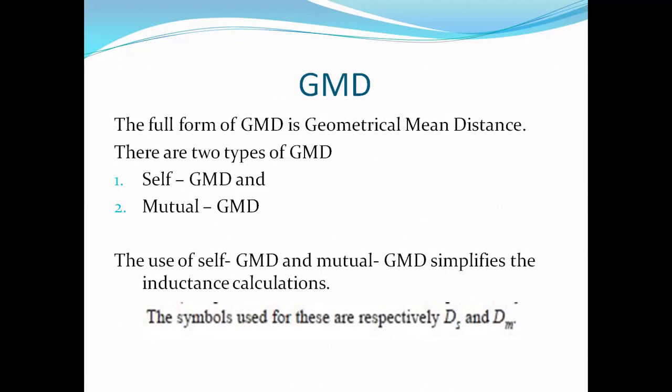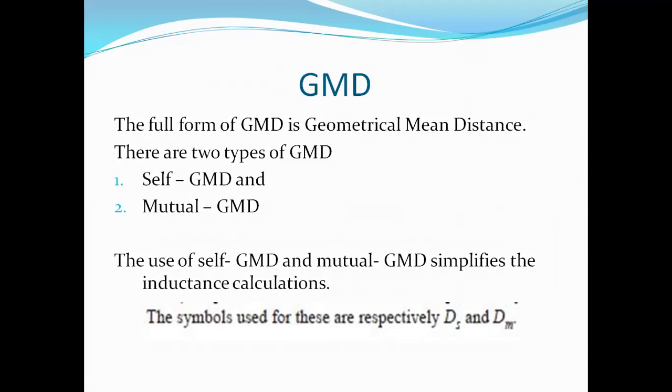Look how it simplifies. In the last 3 lectures, we went through how to find the inductance of a single phase 2-wire line, and how to find the inductance of a 3-phase overhead line, both for symmetrical and unsymmetrical spacing. So we know a method to find the inductance of an overhead line, single phase or 3-phase.